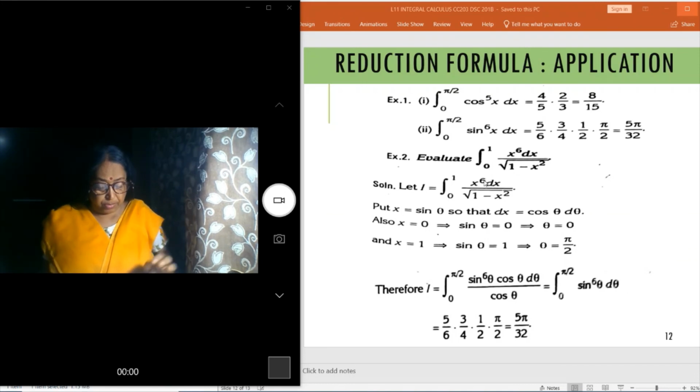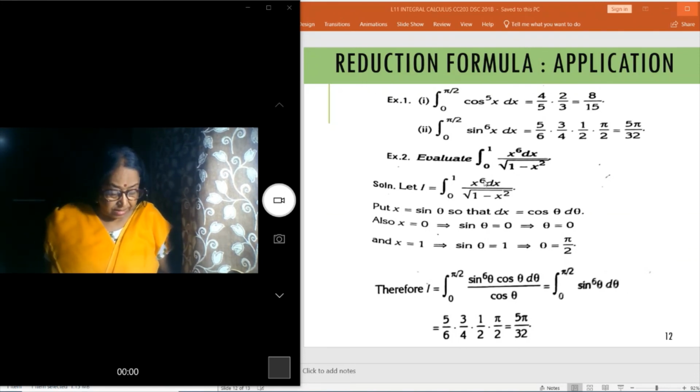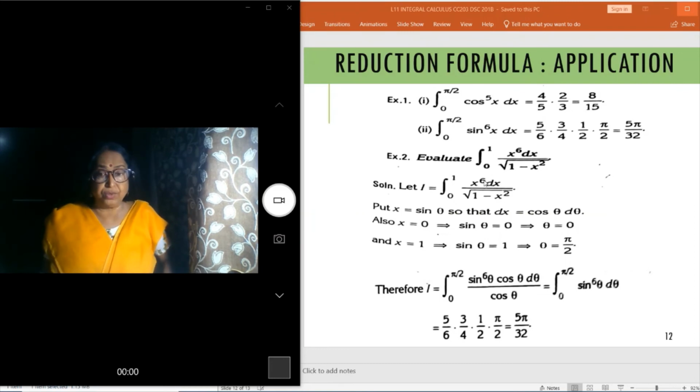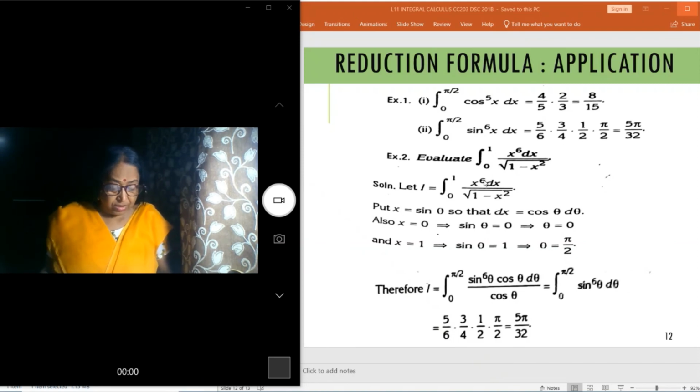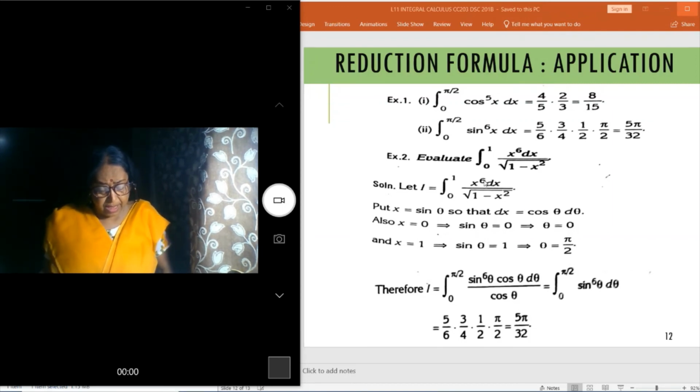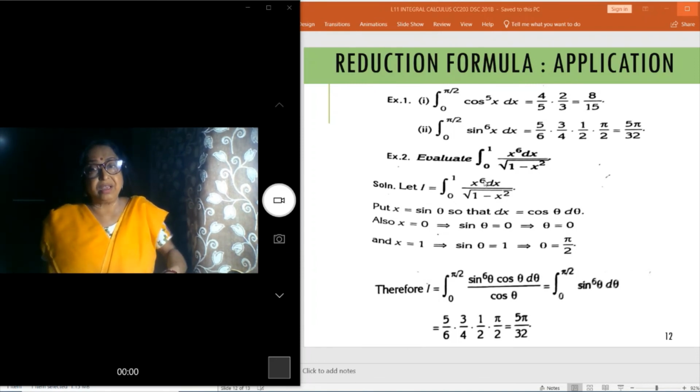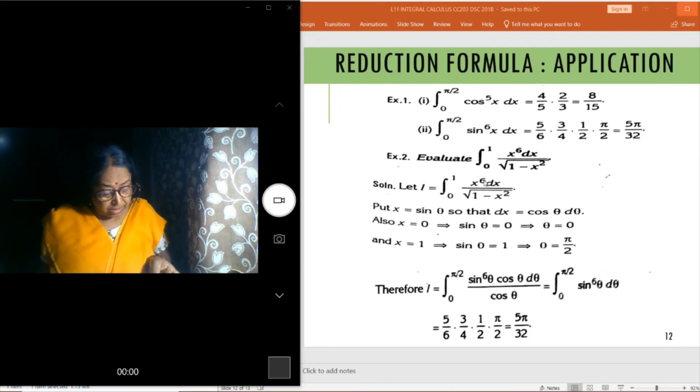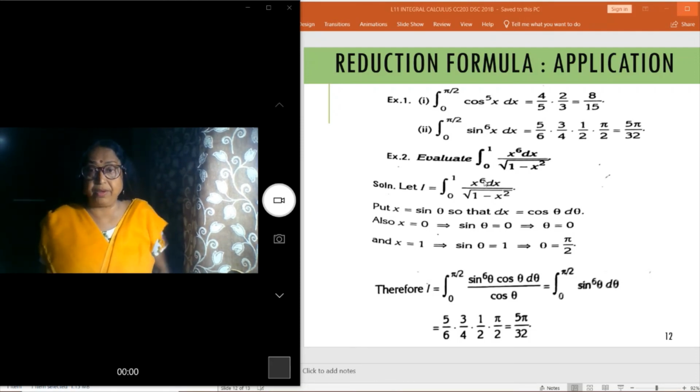So here we are putting x equal to sine theta, so that dx is equal to cos theta d theta. Also, for the lower limit, when x is equal to 0, sine theta is equal to 0, or theta is equal to 0. So the lower limit remains 0, but for the upper limit, x is equal to 1, sine theta equal to 1, that means theta is equal to pi by 2. So the upper limit becomes pi by 2.